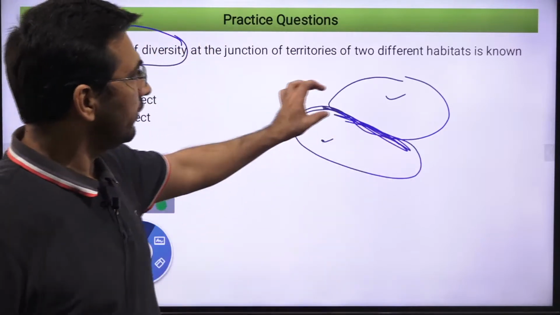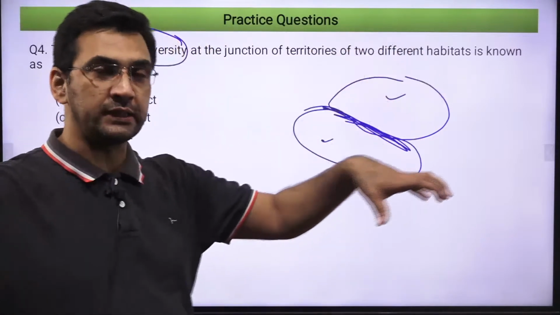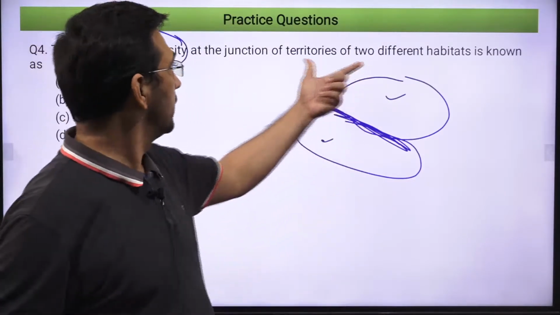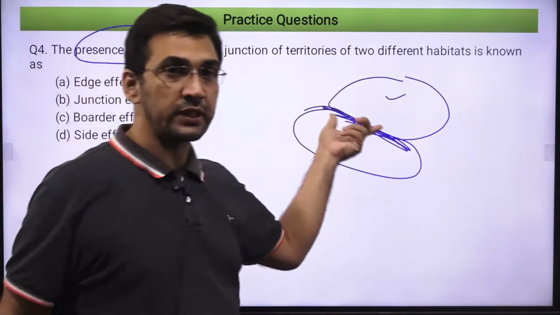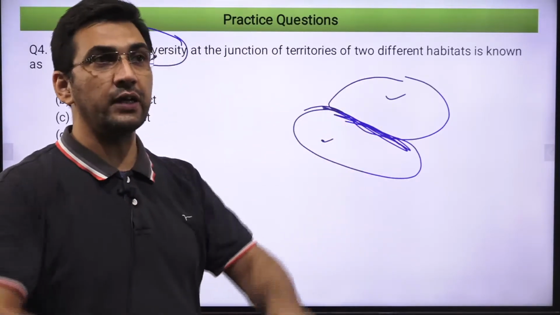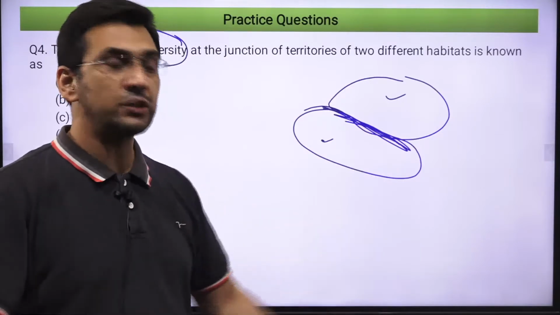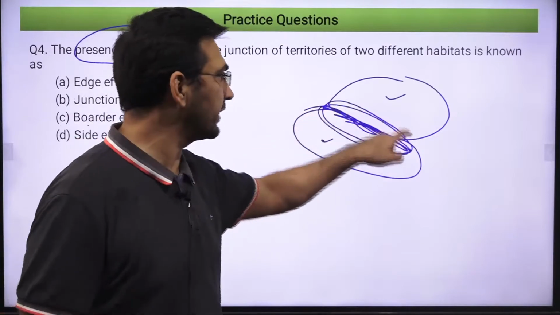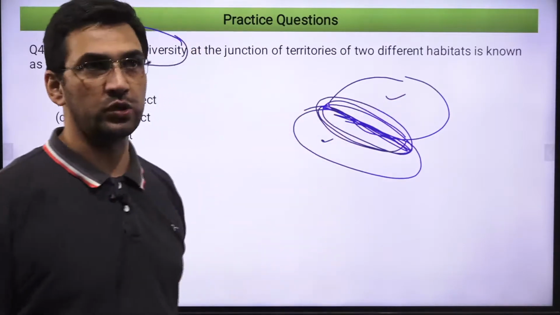So wherever you have two different habitats coming together at a certain location, that is creating a junction. Then obviously there you are going to have different kinds of species, and rather more diverse species, because this will be a unique ecosystem that is getting created at the edge of both of these ecosystems.